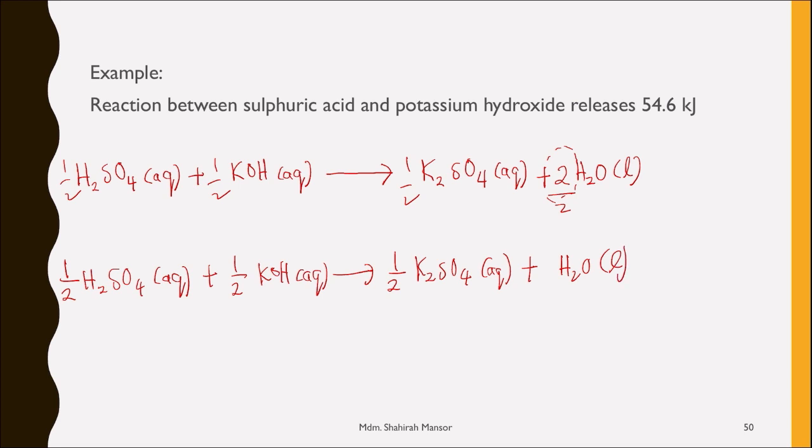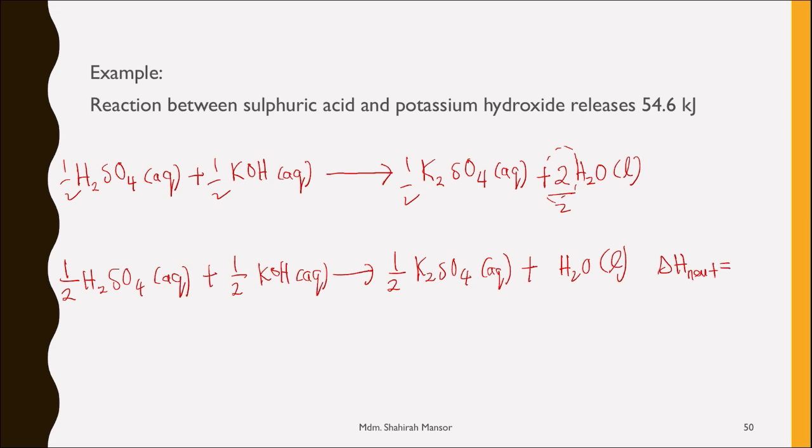After you have got the 1 mole for water, next you proceed to writing the enthalpy value. If this reaction is done under standard condition, you need to have the naught symbol on top of the H. If this reaction is done under non-standard condition or under stated condition, you may just leave your symbol as delta H neutralization.